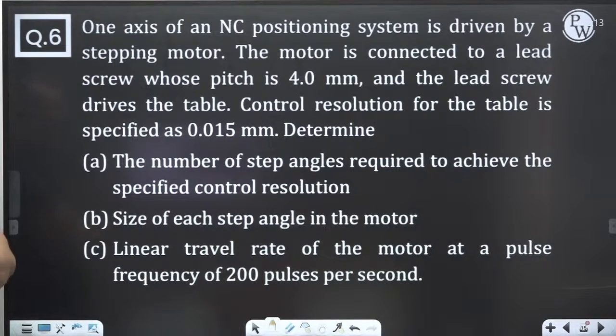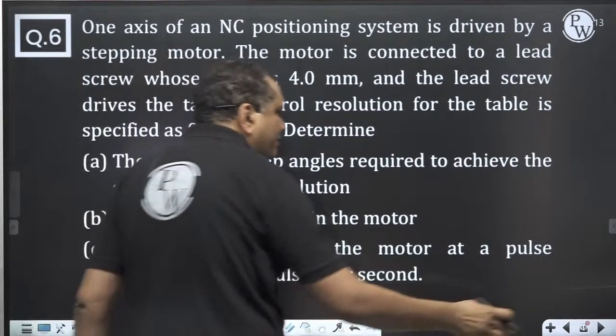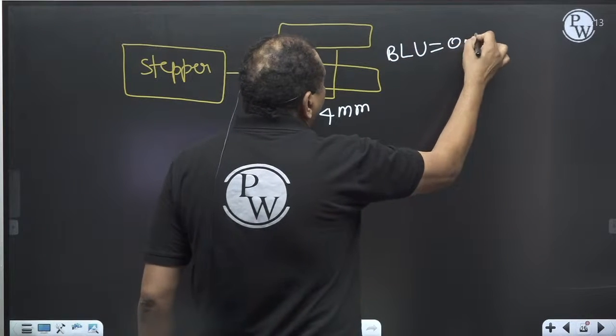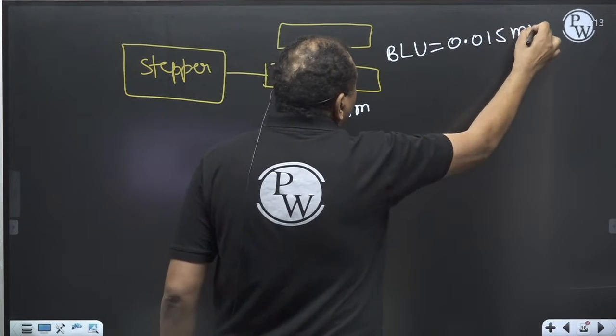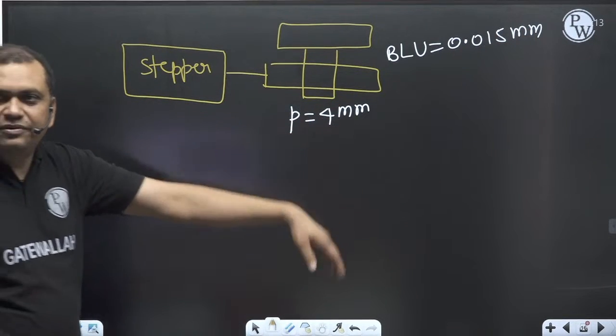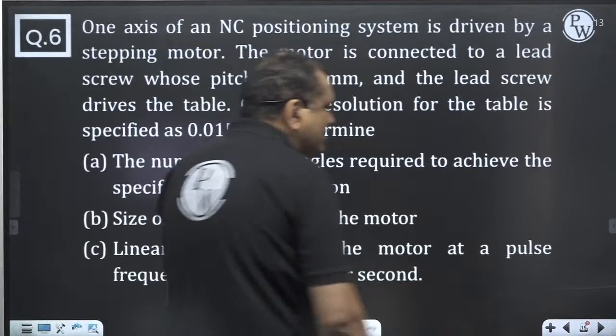The control resolution for the table is specified as 0.015 mm. So basic length unit is 0.015 mm. As the data is given, I am writing on the board.